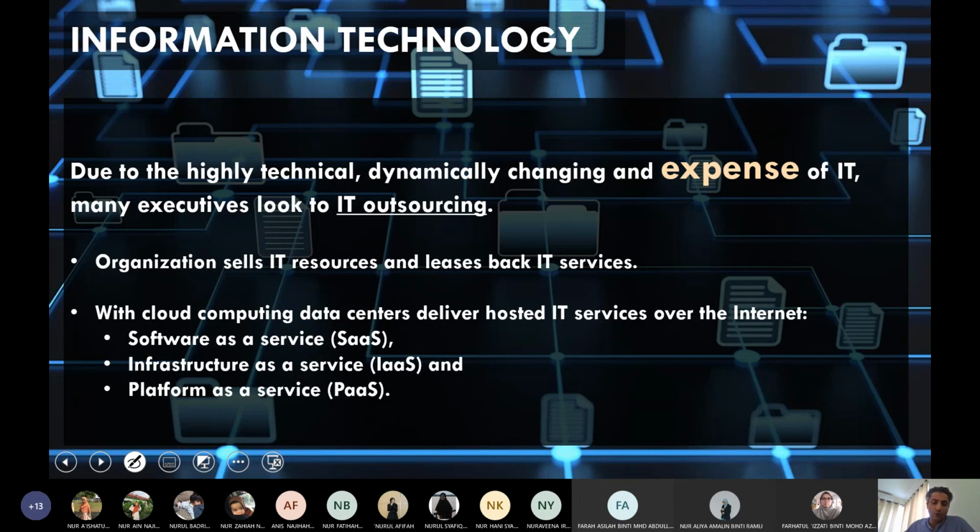We have software as a service, infrastructure as a service, and platform as a service. We will cover these in detail later on, but let me give you some hints about it. So software as a service: some companies have accounting information system software, so they give you the option. Do you want to buy, especially for big companies?